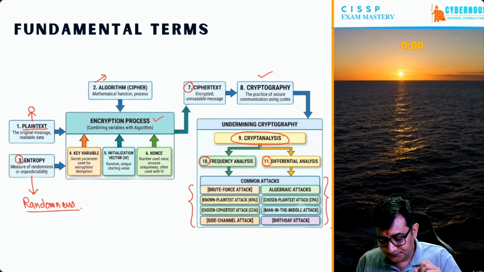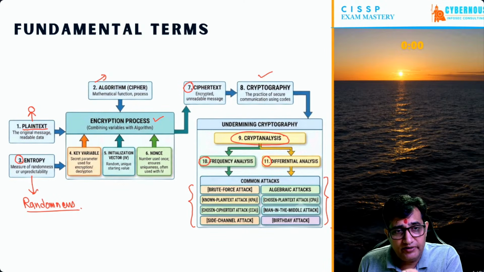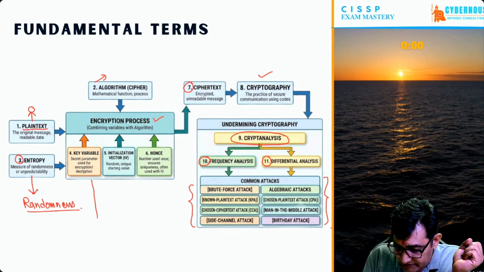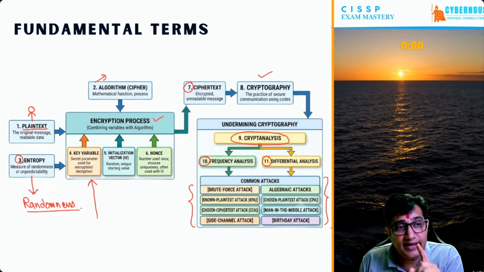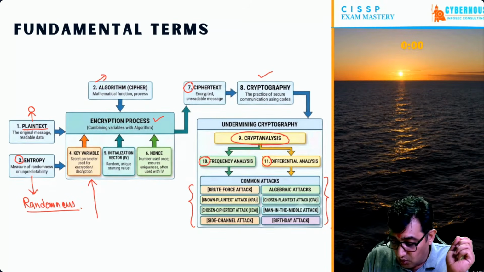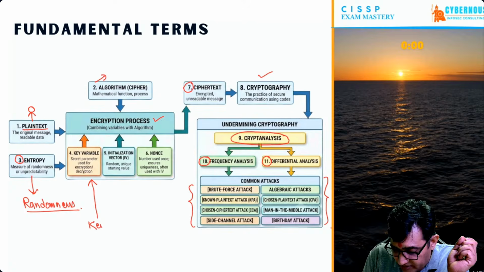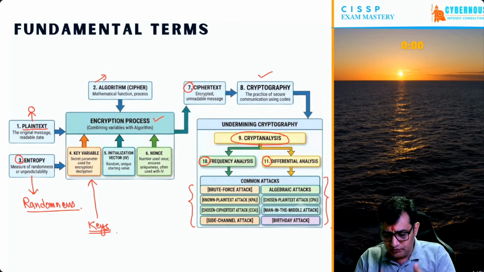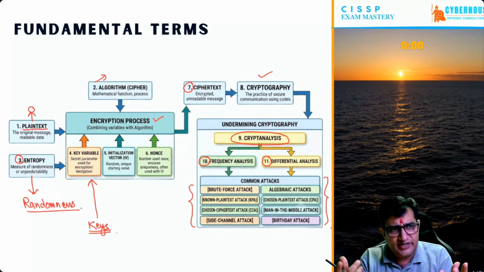Then when we go for encryption, decryption, or hashing, one very important thing, especially for encryption, because in hashing we don't use keys, is that we have to use some kind of keys. These are secret values which you use to make sure that every time the output is different.